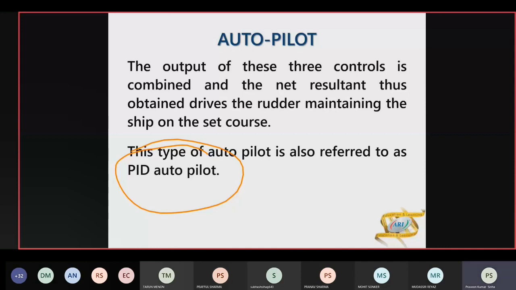Same kind of command can be given to the autopilot also. That means when the autopilot is thinking I have to give hard port, hard starboard, you can set a limit for the rudder. Yes, you can set the rudder limit.